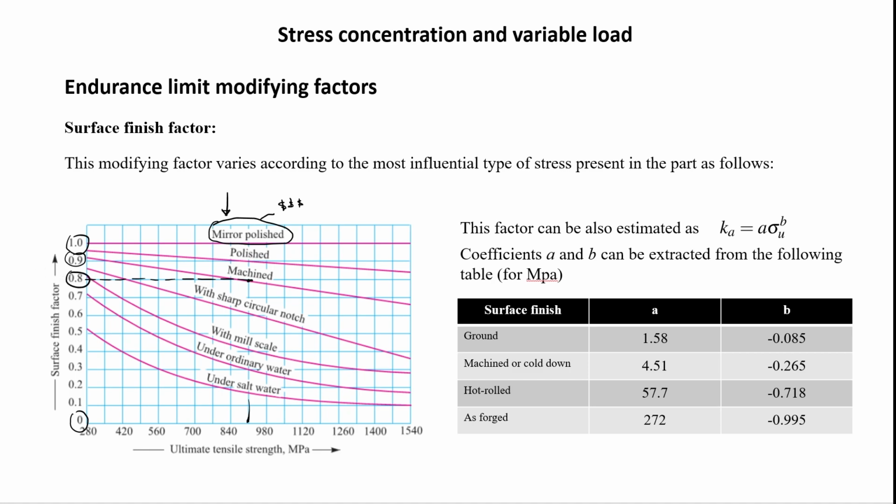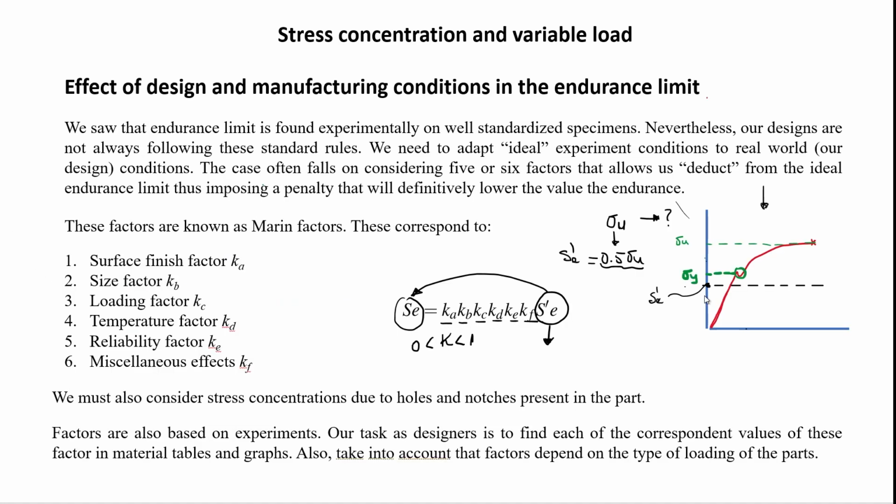So imagine that you were here already. Because of the surface finish factor, you have to multiply your endurance by 0.8, so you're bringing it down. That's equivalent to saying that if I divide this into 3, 4, 1, 2, something like this, you're bringing it down to here. So you keep punishing that.